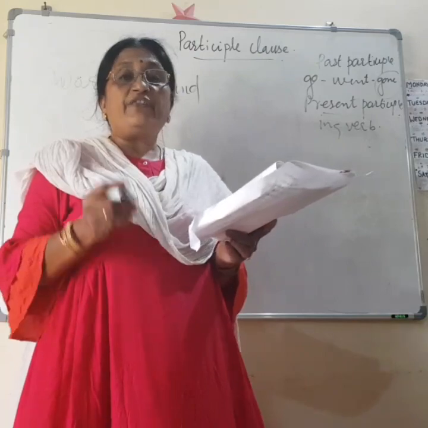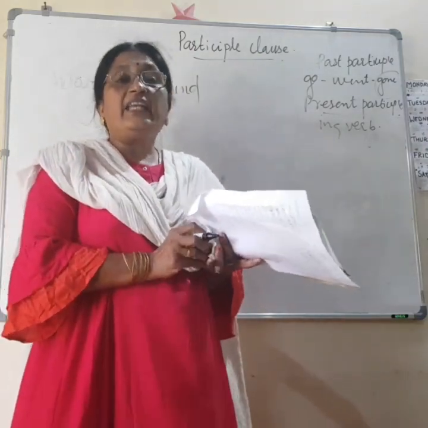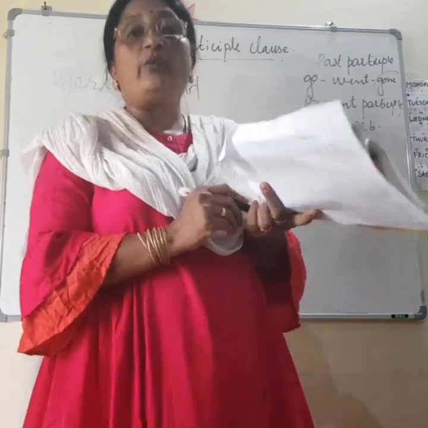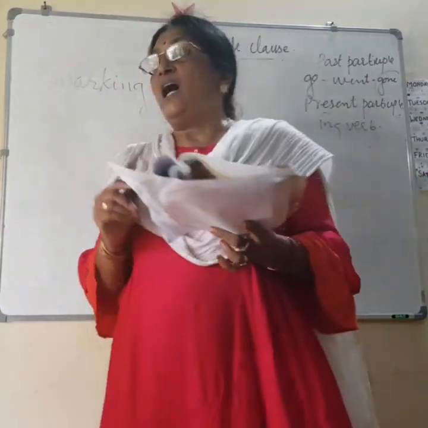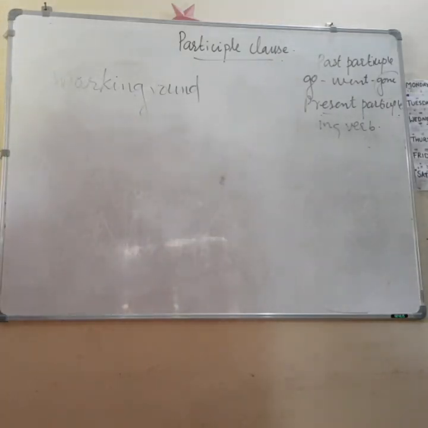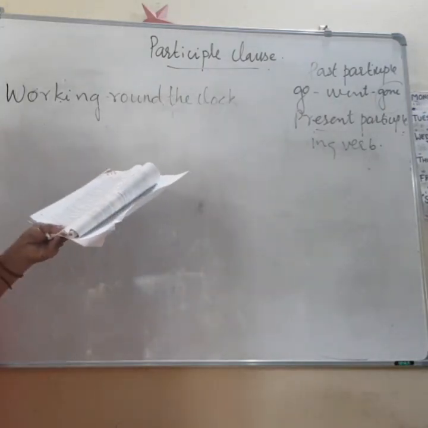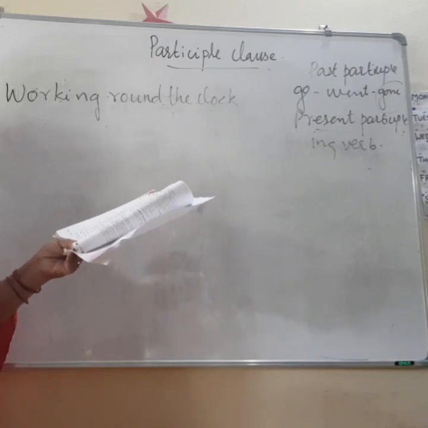Clear? So first we have to find out the verb, and along with the verb you have to add the ing form. Then it will form the participle clause.